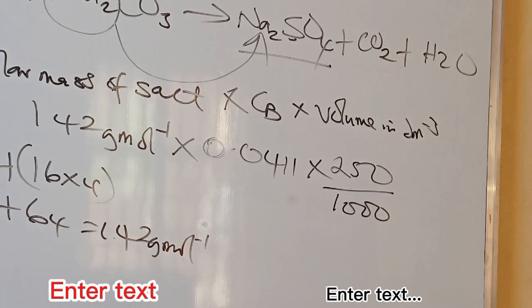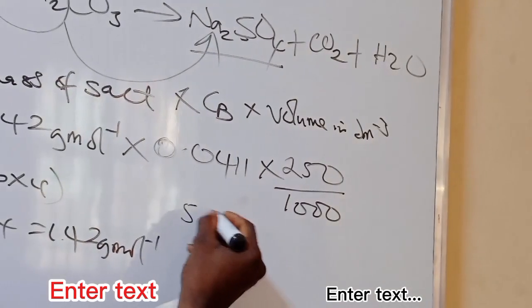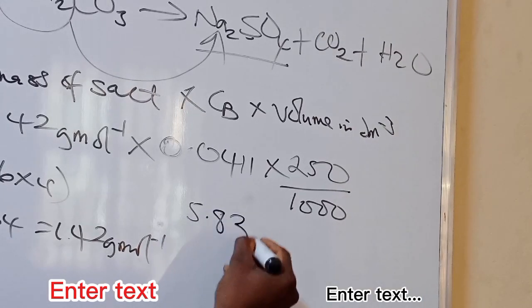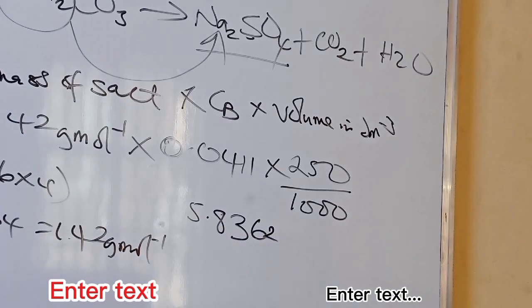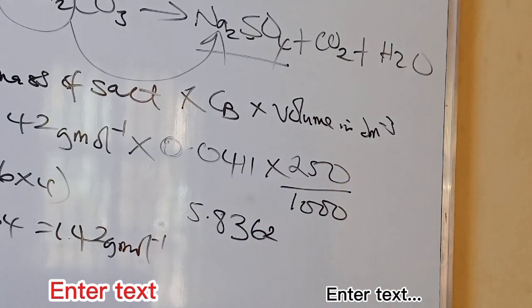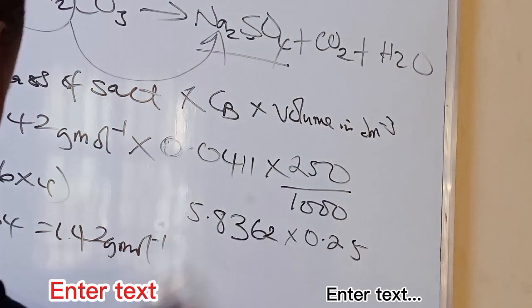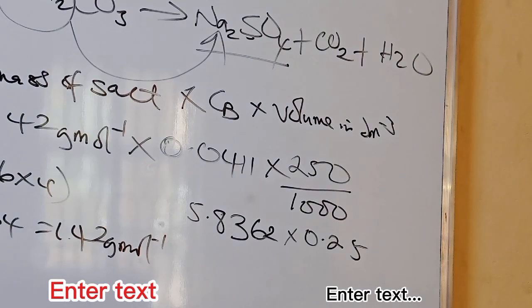So if we do that, we'll have 142 multiplied by 0.0411. We have 5.8362. That's what we have there if you multiply this by this. Then this divided by this: 250 divided by 1000. We have 0.25 multiplied by 0.25.